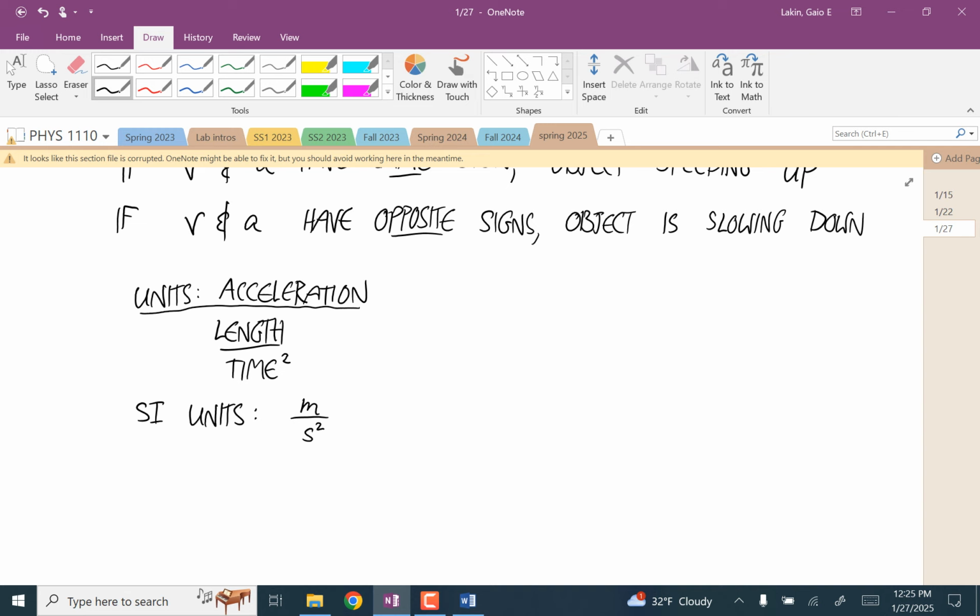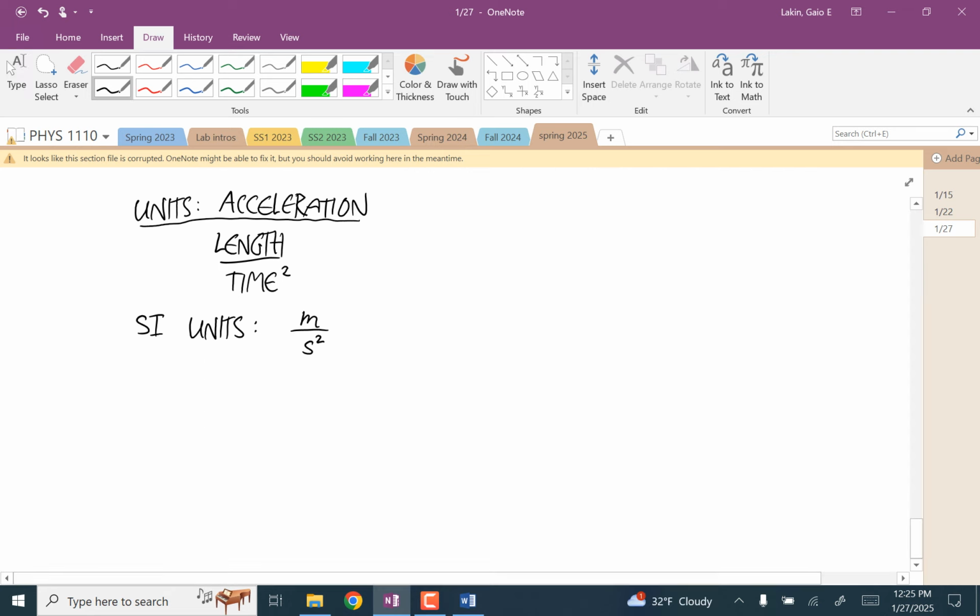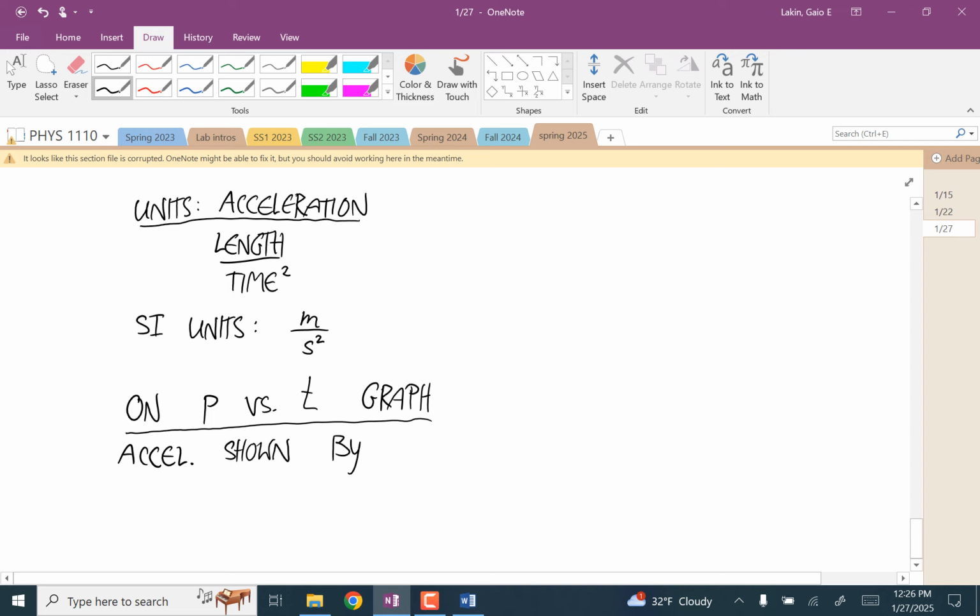Okay, with velocity, we talked about how you can read the sign of the velocity if you're looking at a position versus time graph. Let's do the same thing with acceleration. On a position versus time graph, the acceleration is shown by the concavity of the graph, so in which direction the graph is concave.